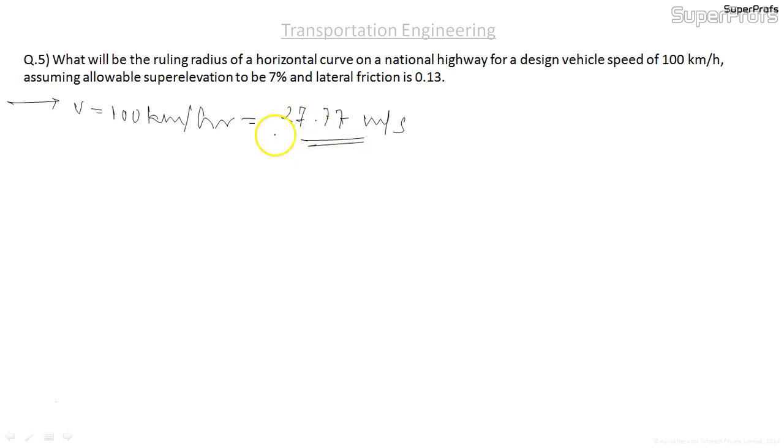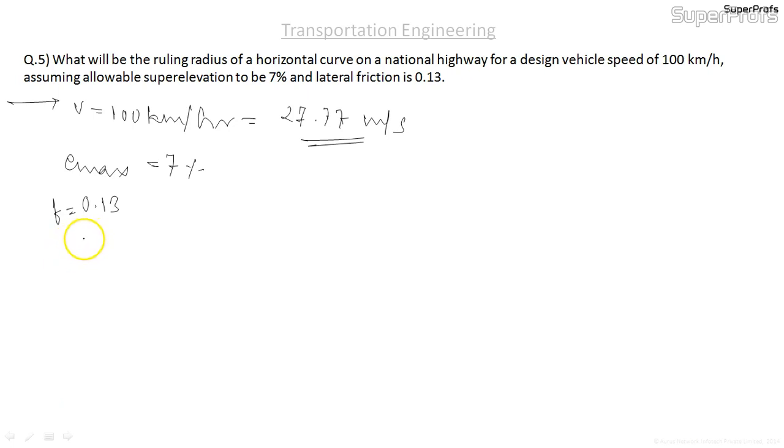Guys, by now you should know that 100 km per hour stands for 27.77 meters per second. Okay, and allowable maximum super elevation is 7%, and the lateral friction is 0.13.